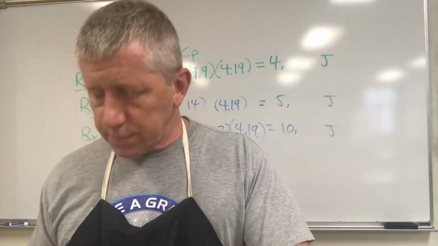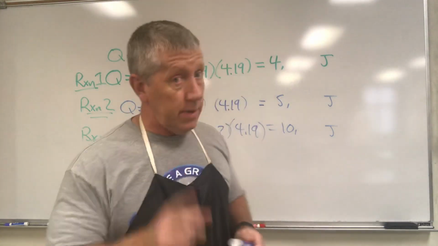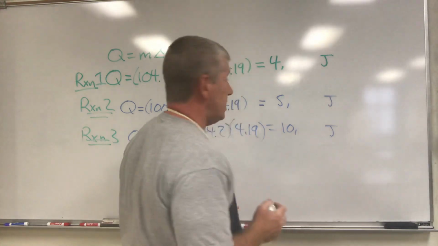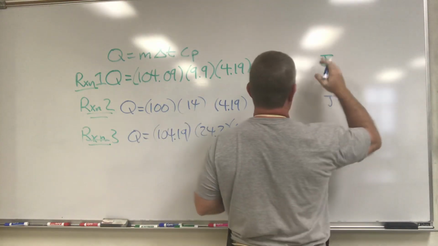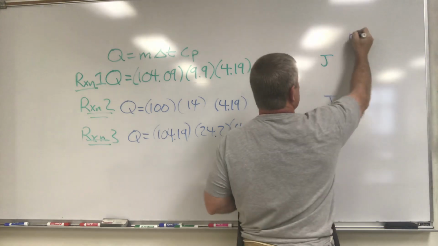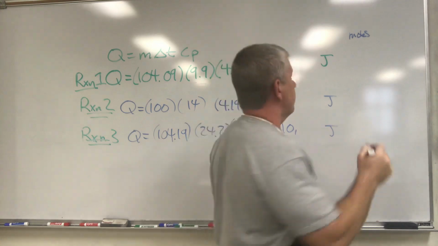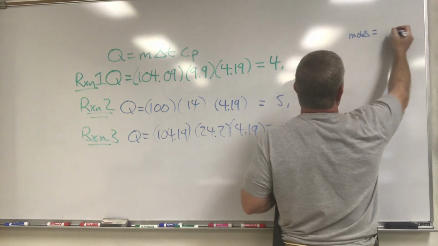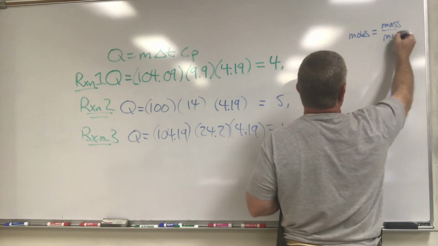Part C, it says calculate the moles that you used. Now, we all remember how to do moles, right? Yes, we do. So moles. We all remember moles is mass over molecular weight.